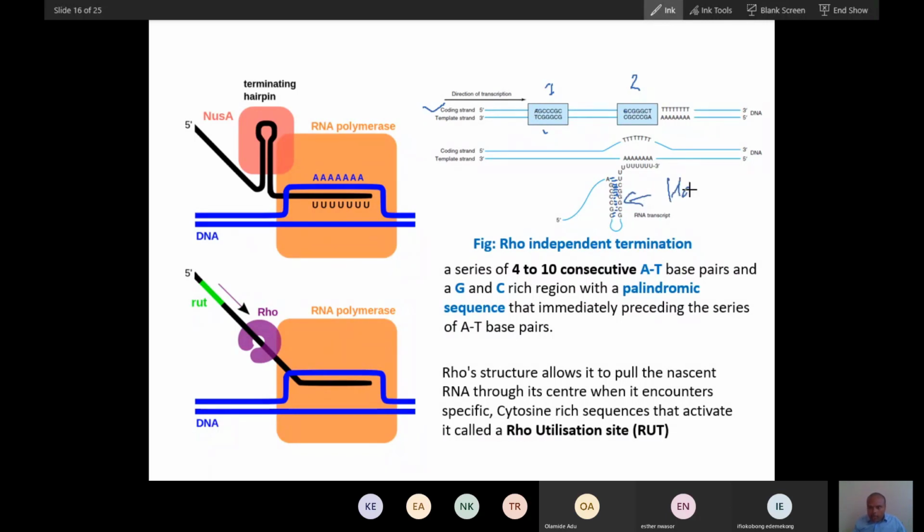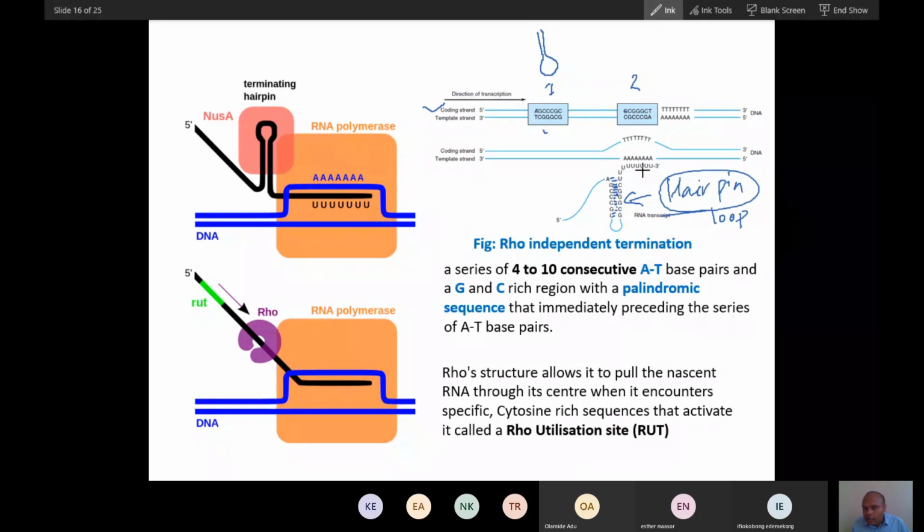You must have seen a hairpin; a hairpin looks like this. So this loop is called a hairpin loop. After formation of the hairpin loop, there is an AU rich region.